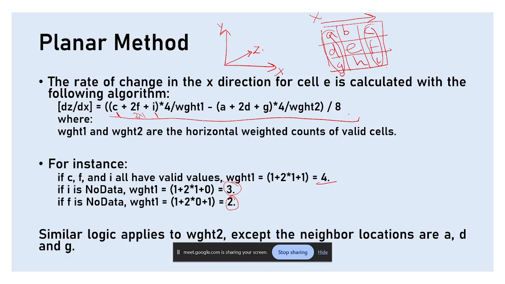Now here weight 1 and weight 2 are the horizontal weighted counts of valid cells.